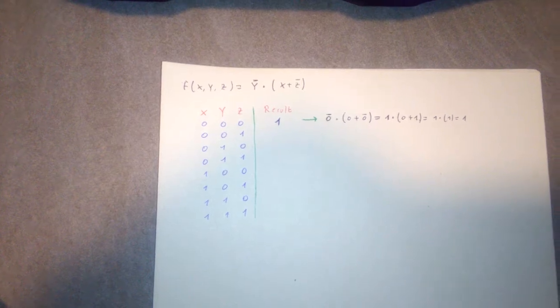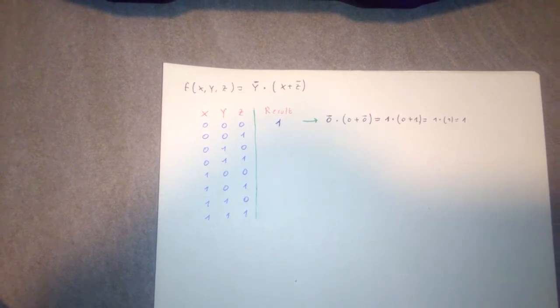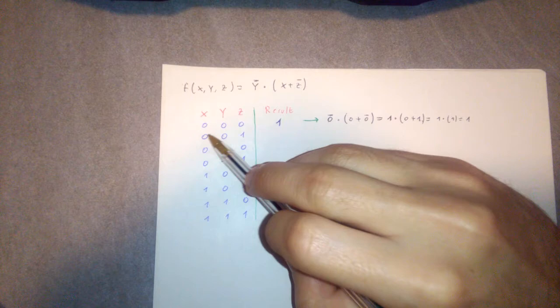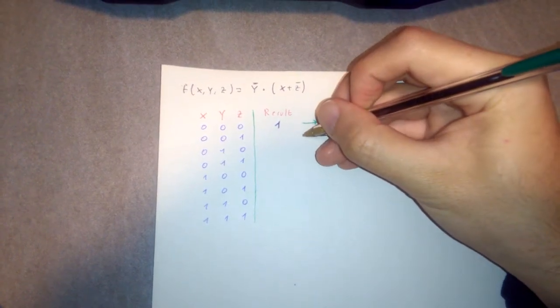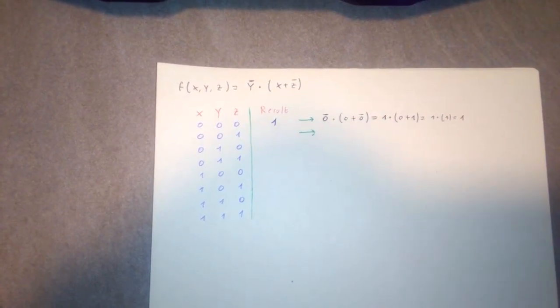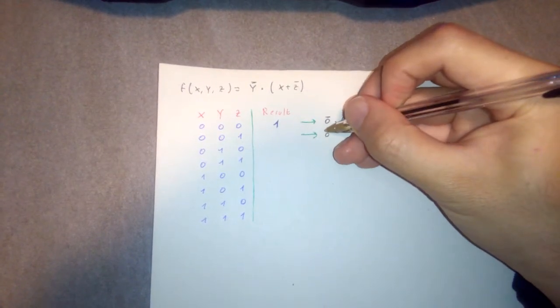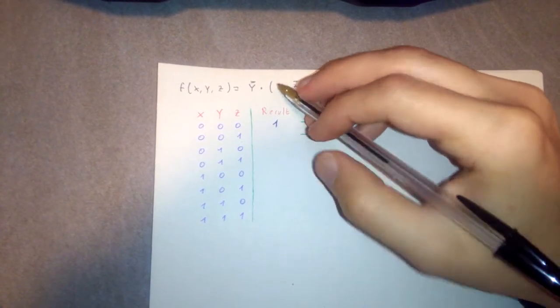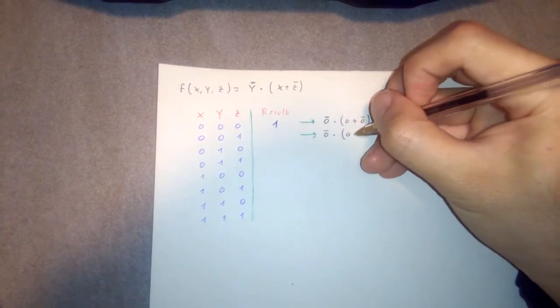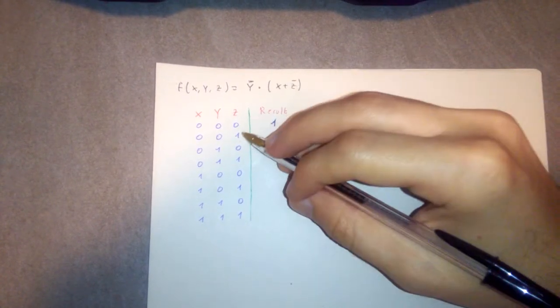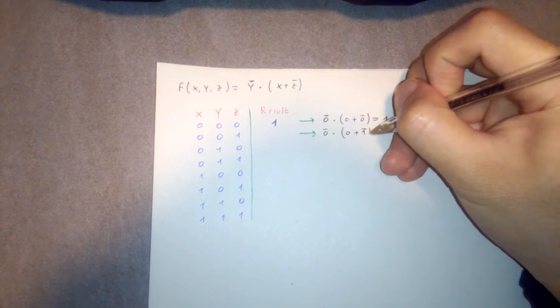Okay, so let's do the second line, 0, 0, 1. With 0, 0, 1, we have not y, so not 0, times x, which is 0, plus not z, which is not 1.